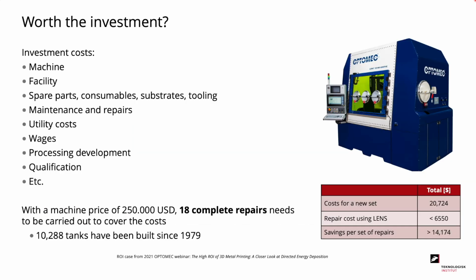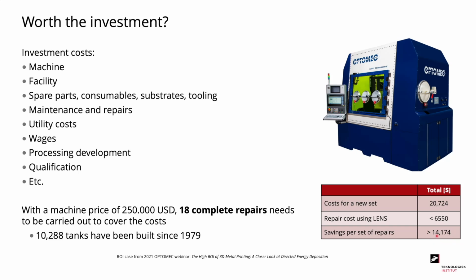If we have a look at the investment costs, these include everything from the machine itself, the facility, the utility costs, wages, and so on. But if we consider the example from before, we would have savings using repairs of over $14,000.